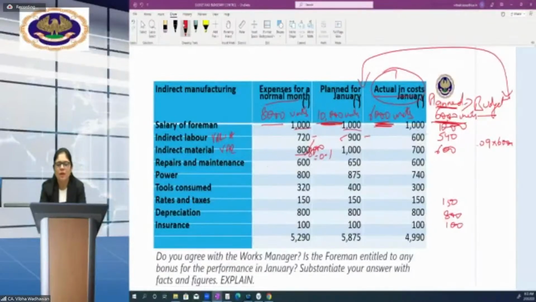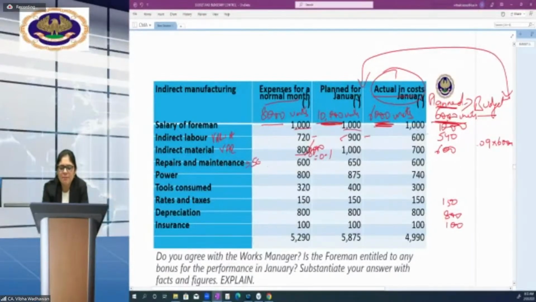Repair and maintenance is semi-variable. Power also we will find out, but let us see first the repair and maintenance. How do we split the semi-variable into variable? Take the difference between the cost at two levels of activity. The repair and maintenance at 8,000 is 600, at 10,000 is 650. The difference between the two is 50.